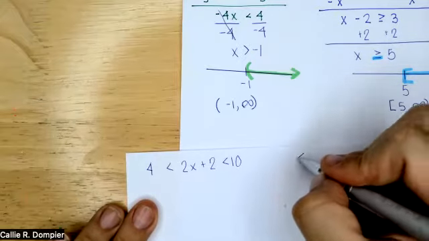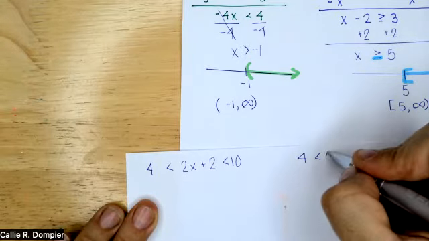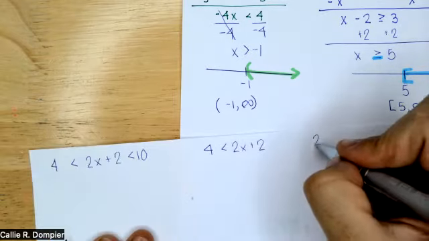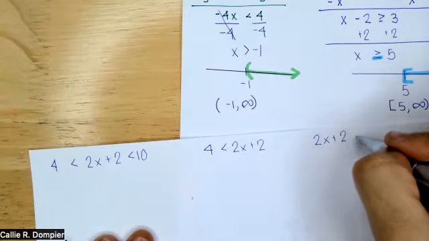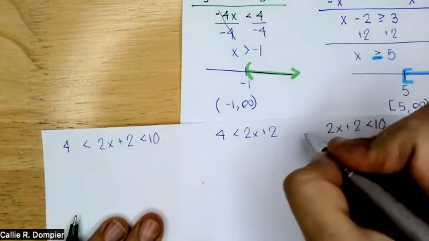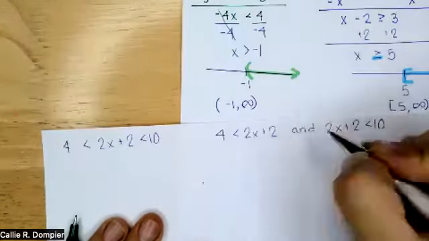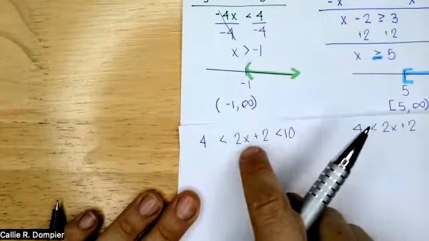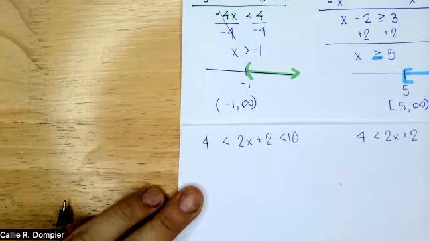So you can call this 4 is less than 2x plus 2, and 2x plus 2 is less than 10, and you'll get the same answer, if you like just not having 3 sides of something.